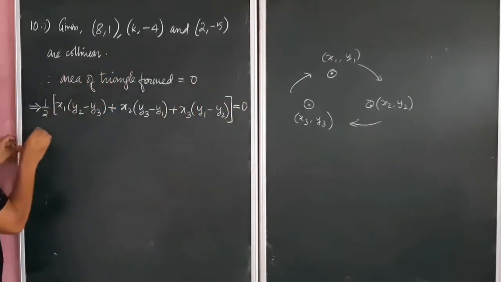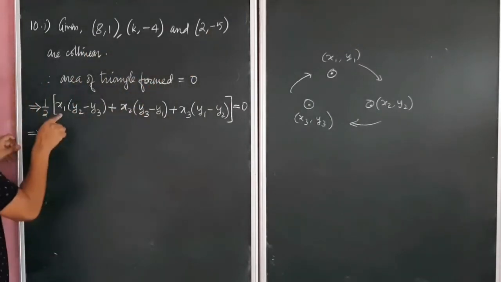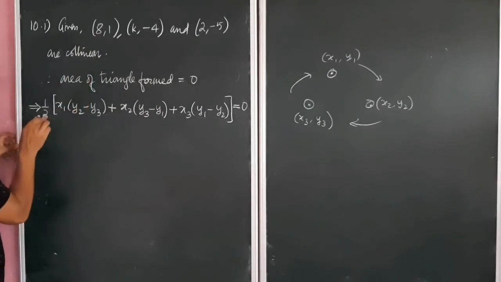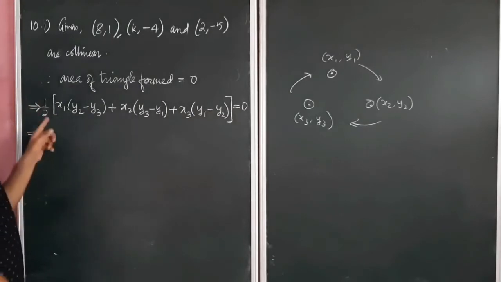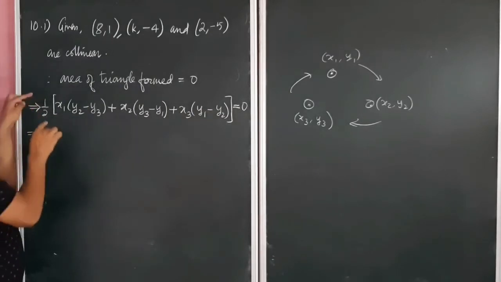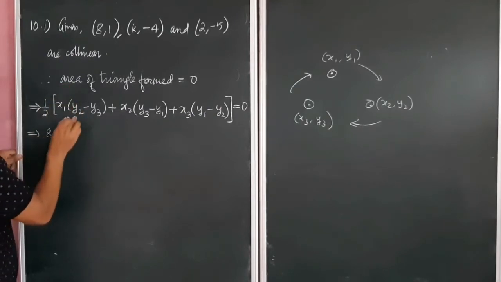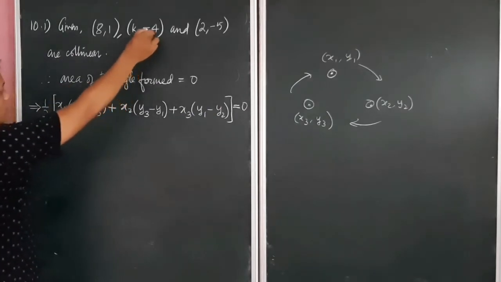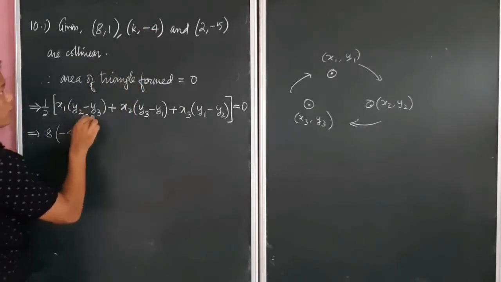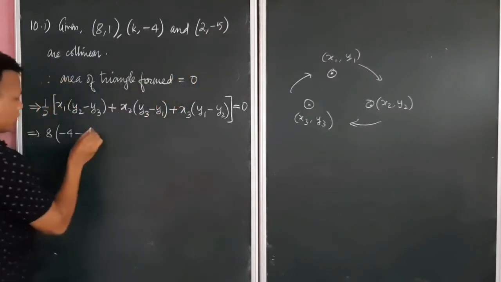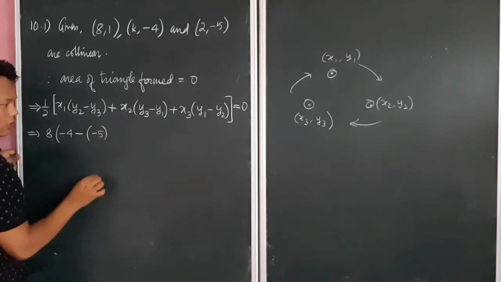Now let us quickly put the values out here. We have x1 y1, x2 y2, x3 y3. What is x1? x1 is 8. You can take this half over there, take this 2 there, you get 0, so 2 into 0 is 0, so this term we need not write. So we have x1 as 8, then y2 minus y3. y2 is minus 4 minus y3. y3 is minus 5, so let me write minus 5 out here.